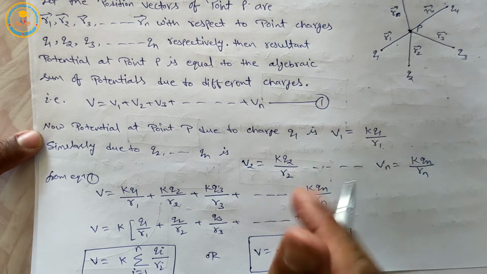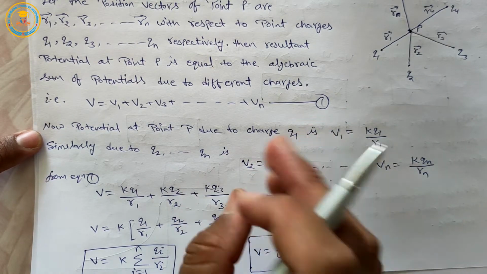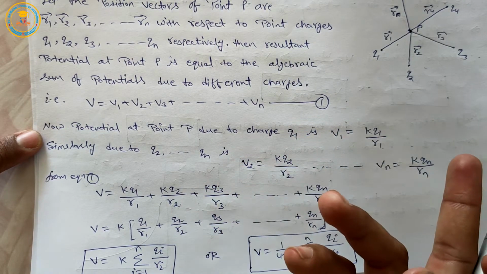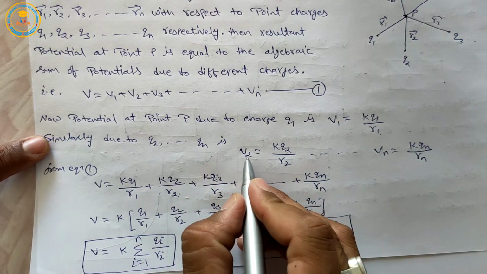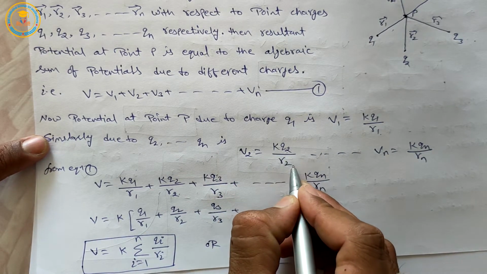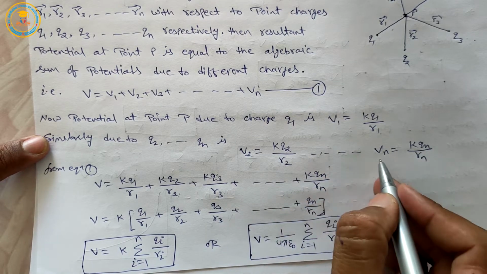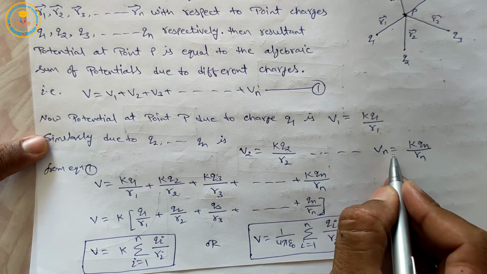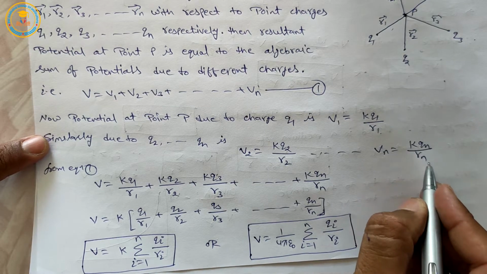Similarly, due to charges Q2, Q3, Q4 and so on Qn, V2 equals KQ2 upon R2, and the potential due to charge Qn, Vn, equals KQn upon Rn.